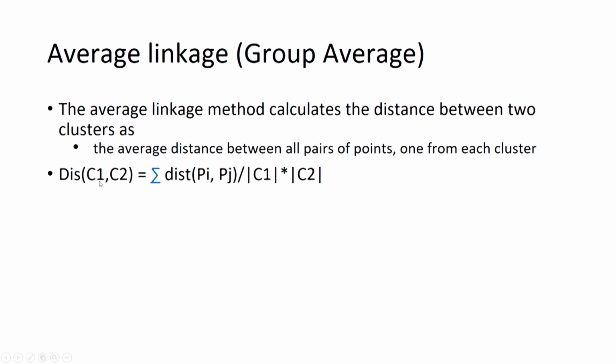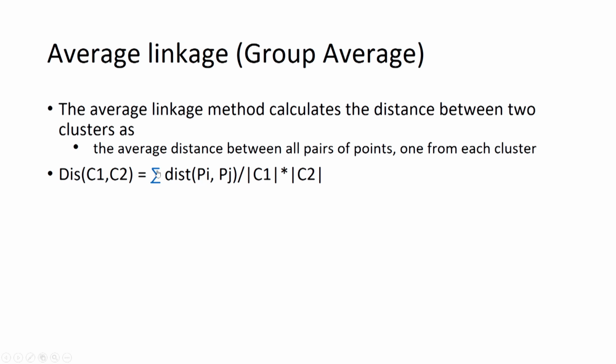So, you see, if we have cluster C1 and cluster C2, we need to find the distance between these two clusters. We will find the distance of Pi and Pj, where Pi belongs to C1 and Pj belongs to C2. We will do this for all Pi's and all Pj's.